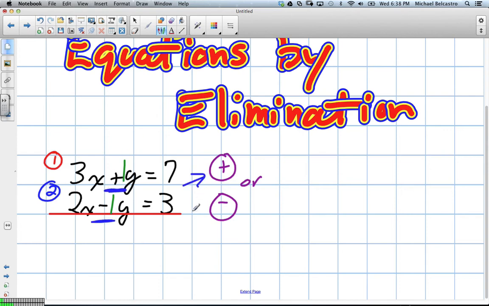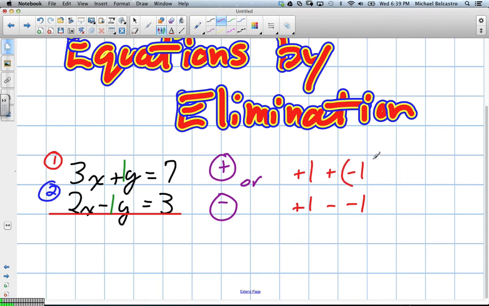What operation would I use to get positive 1 and negative 1 to equal 0? Let's think about it. We have two options: positive 1 plus negative 1, or positive 1 minus negative 1. Let's put these in a calculator.